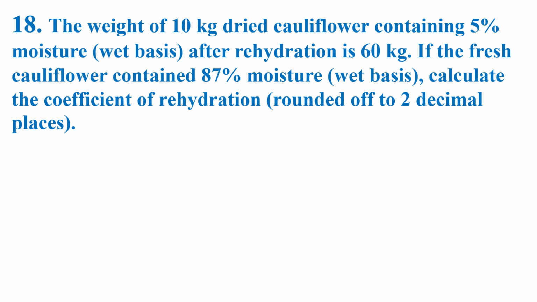Basis, after rehydration it is gaining 60 kg. Now if the fresh cauliflower contains 87% moisture content wet basis, we have to calculate the coefficient of rehydration. So first of all, what all things are given to us? Weight of dried cauliflower, it is 10 kg.